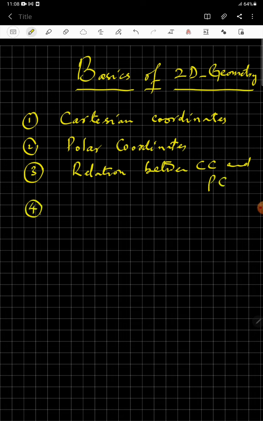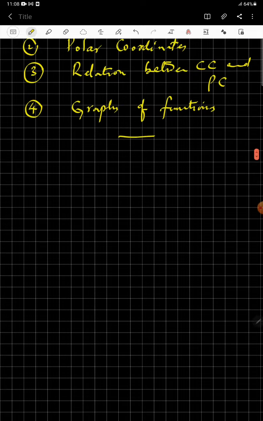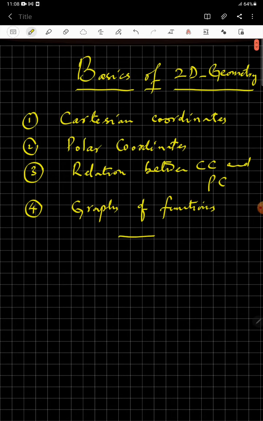And let us see what is the meaning behind graphs of functions, or just let us say we are looking at the geometry of the graphs of functions. So I hope you all will enjoy this session. Let's start now.